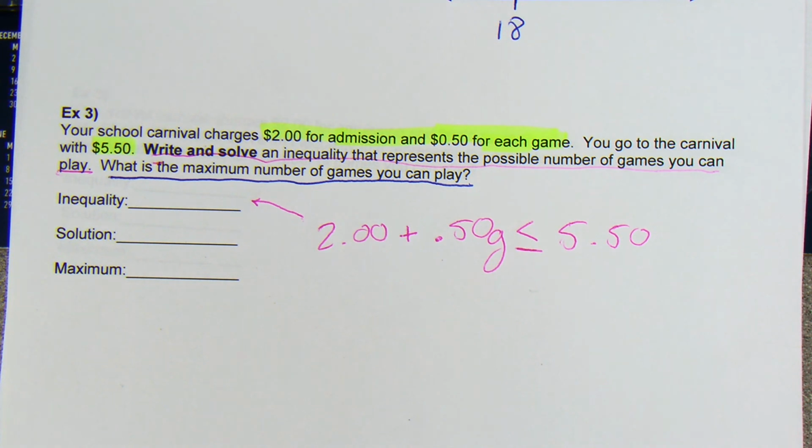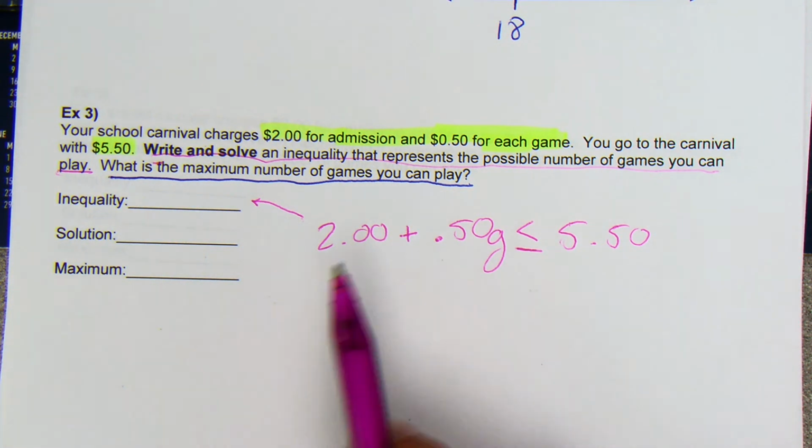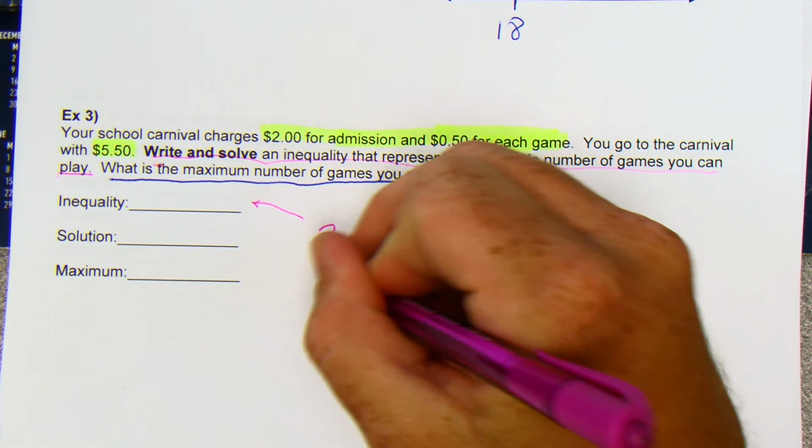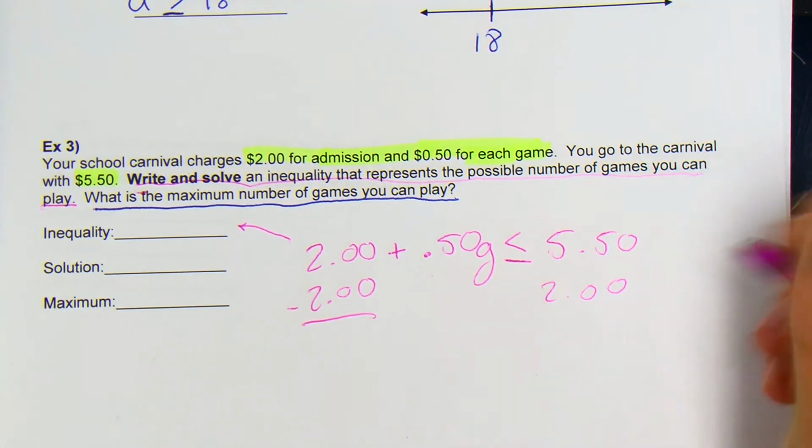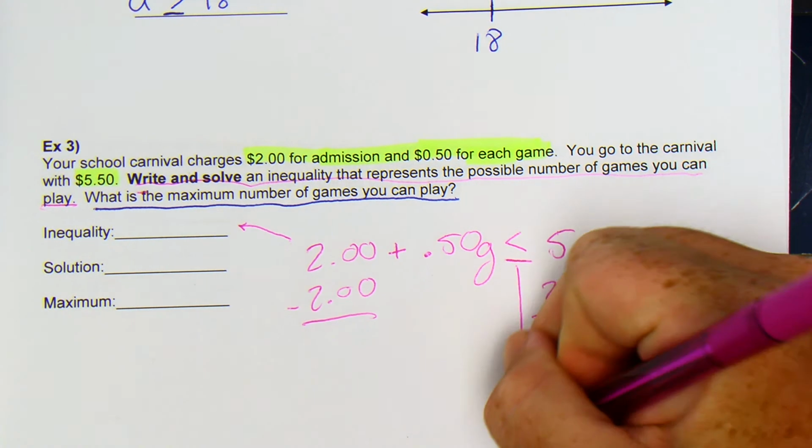The first thing I want to do is move what is not attached to my variable. That would be this 2. It's a positive 2 right now, so I'm going to subtract 2 from both sides of my inequality sign.